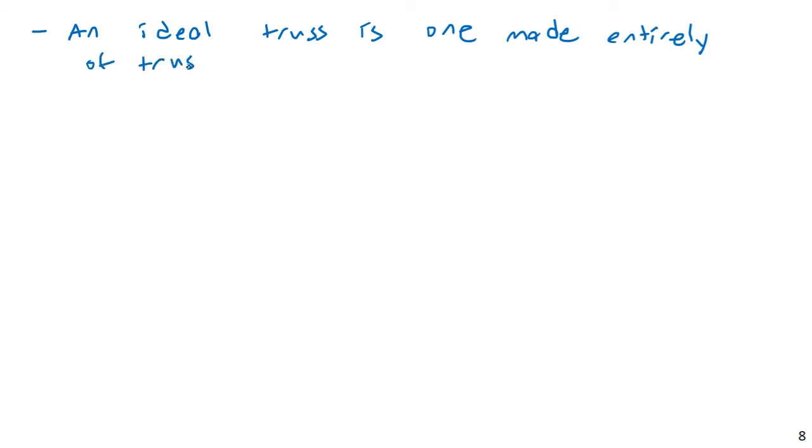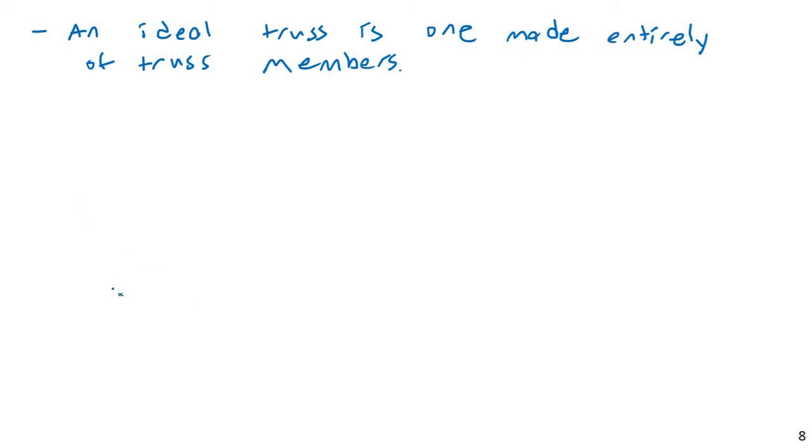An ideal truss is one made entirely of truss members, so nothing but straight members on pin joints, and that makes sense.